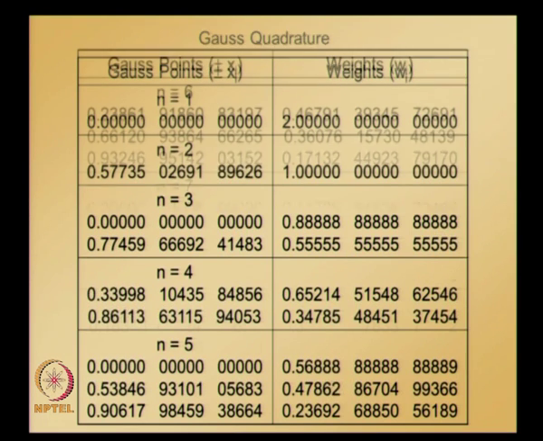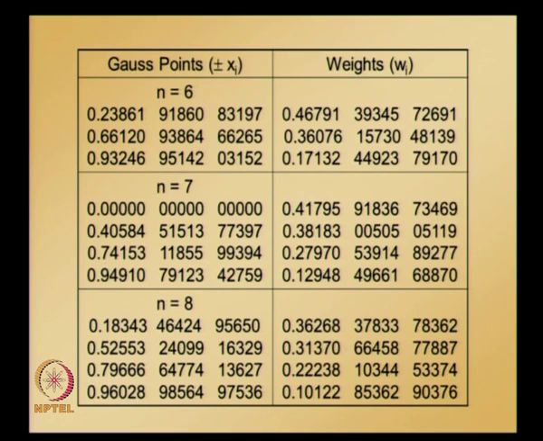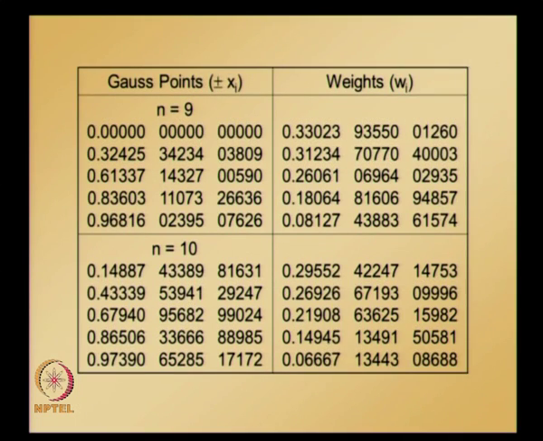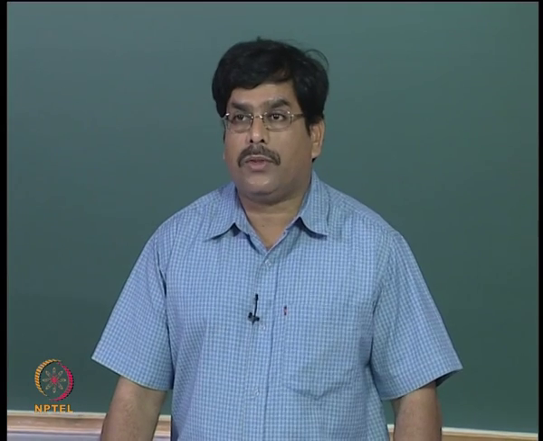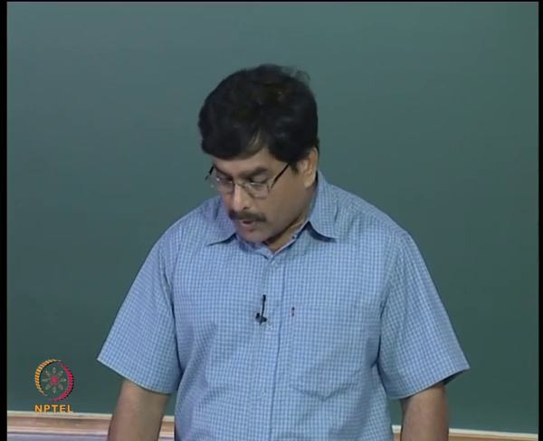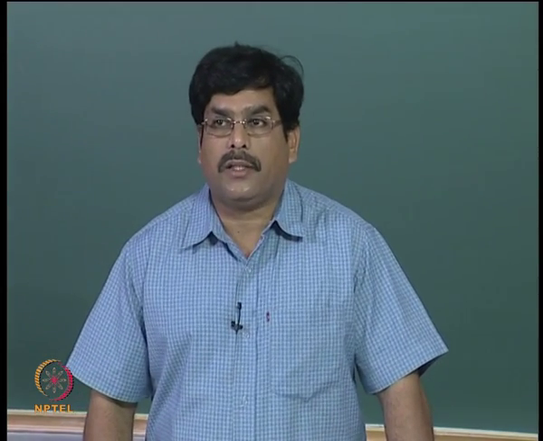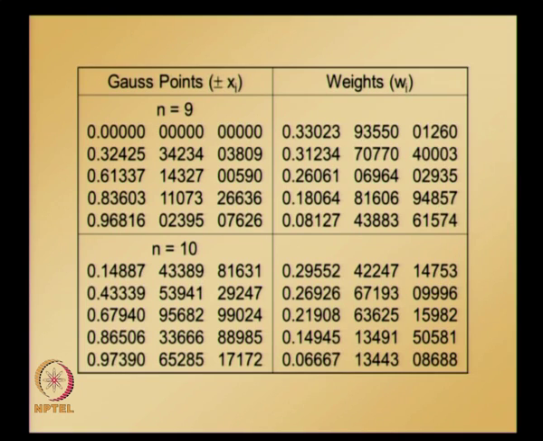and in the next table n is equal to 6 to n is equal to 8 are shown, with the corresponding points and weights. The way you have to read this table is similar to what I already explained. Number of Gauss points n is equal to 9 and n is equal to 10 are shown here, the details of points and weights.